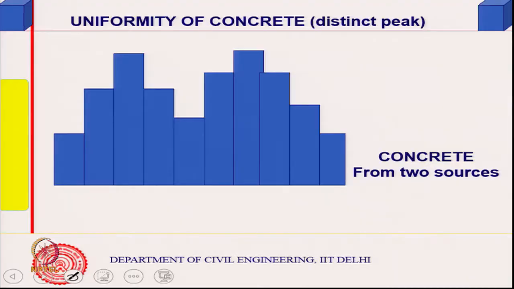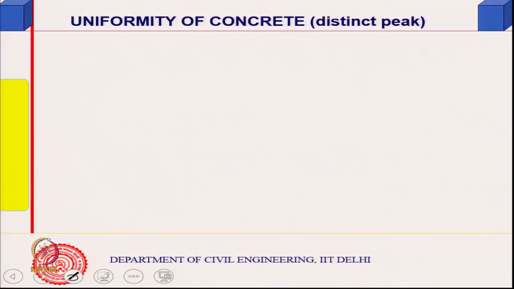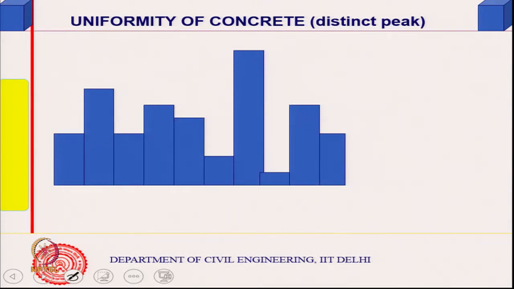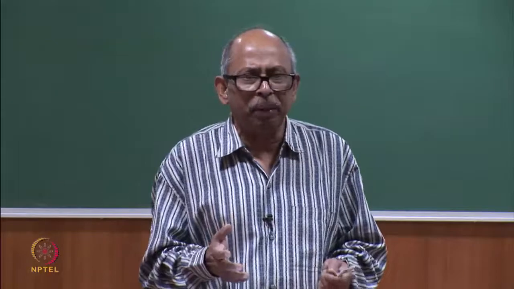So, this is from two different sources, right, and this is all haphazard non-uniform concrete, no distinct peak actually. So, in fact, it is not uniform concrete. Actually it is all bad concrete, non-uniform concrete is bad concrete.